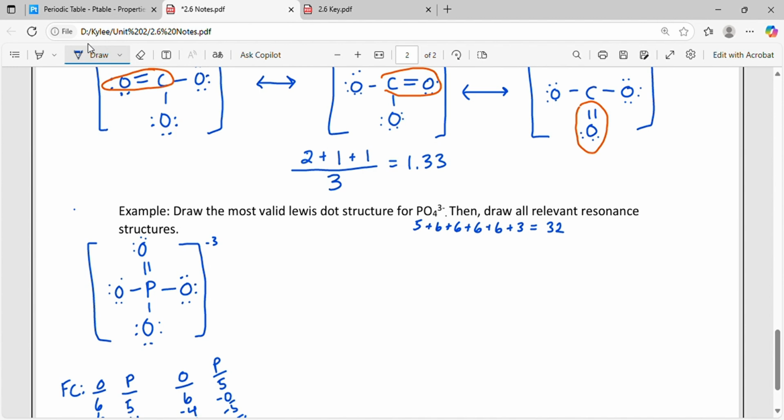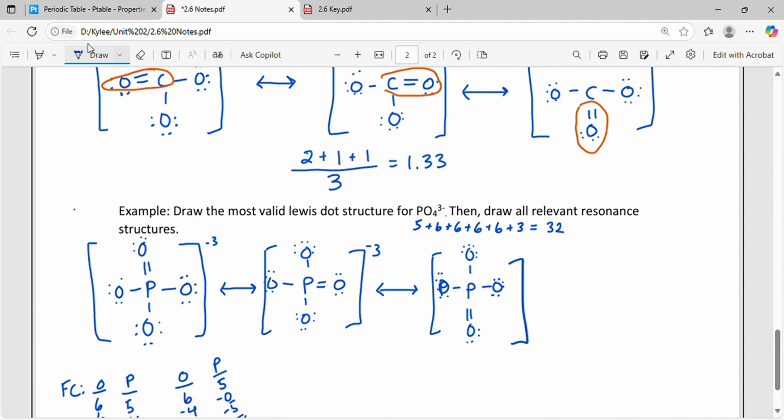Now, to do my resonance structure part of this, I'm going to draw some of the same structure. The only difference is I'm going to change where the double bond is. So in one, I'm going to put it on the next one, and in the final one, we are going to put that double bond.